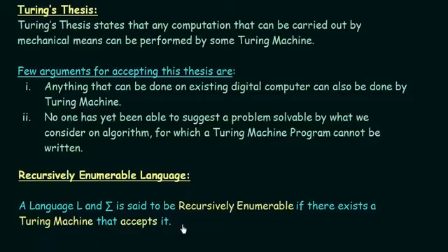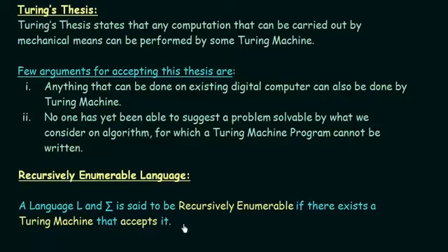So if a language is acceptable by a Turing machine, then that language is said to be a recursively enumerable language. We have discussed other machines like finite state machines, which accept regular languages, and then pushdown automata, which accept context-free languages, and the Turing machine accepts recursively enumerable languages.